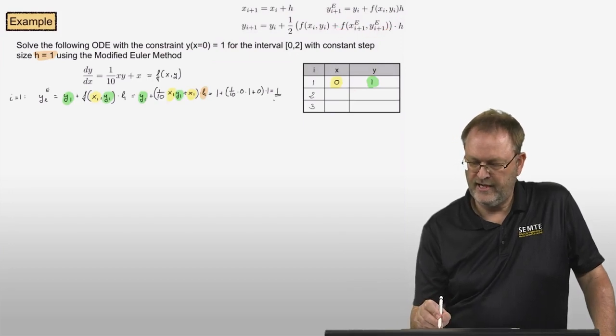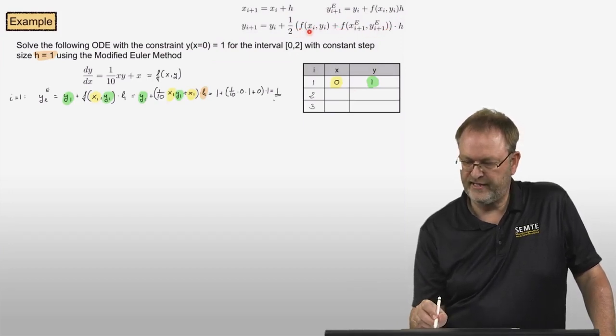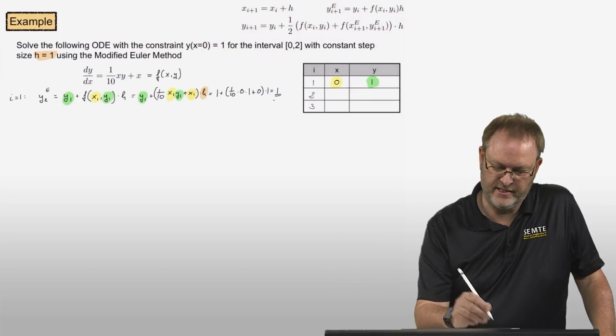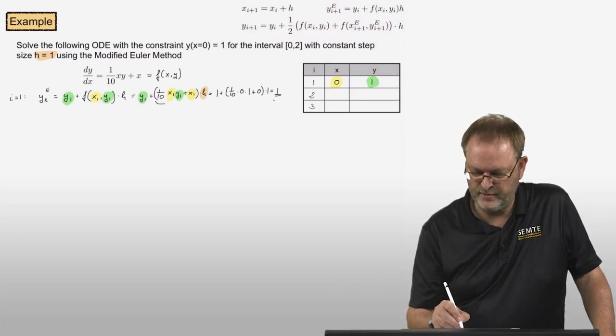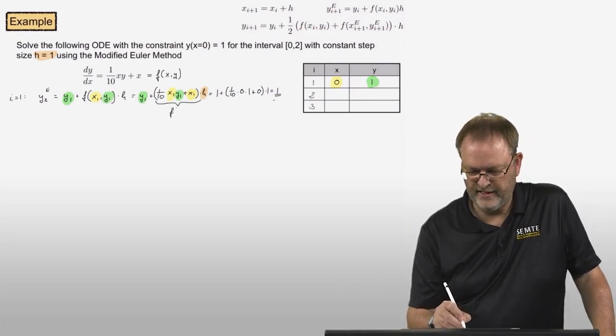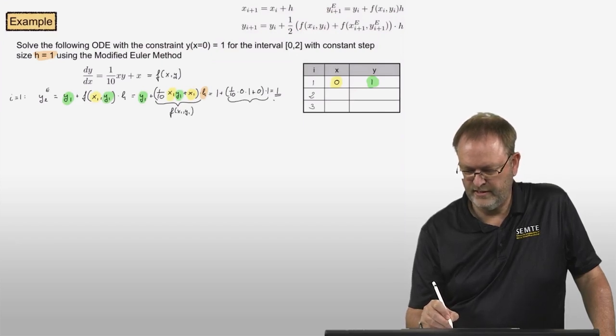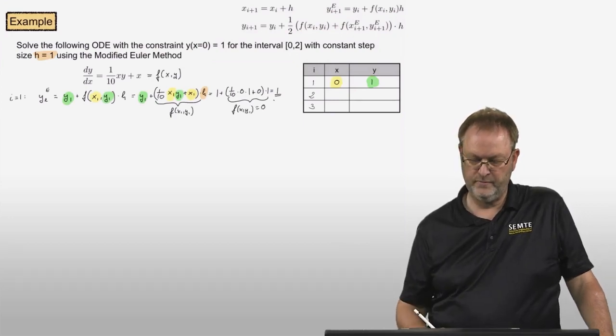Okay, so I need for my update an f of xi, yi. Well, that's what I calculated here, right? That's this one here, f of x1, comma y1, and we just found that that is equal to 0.